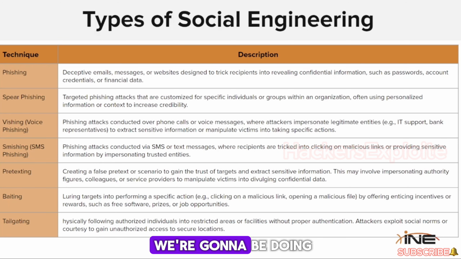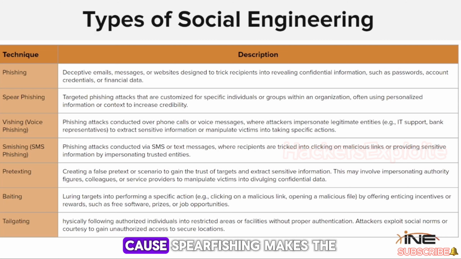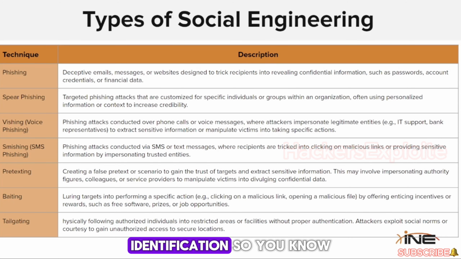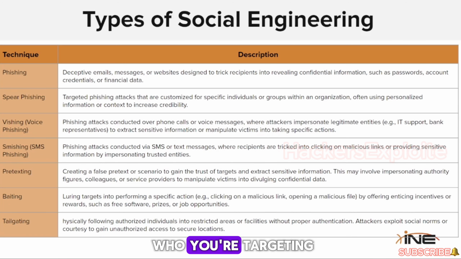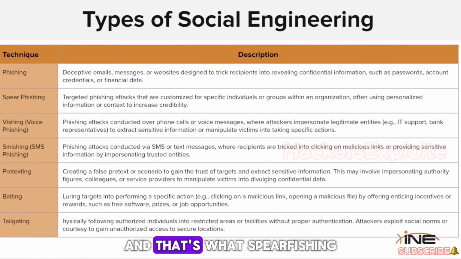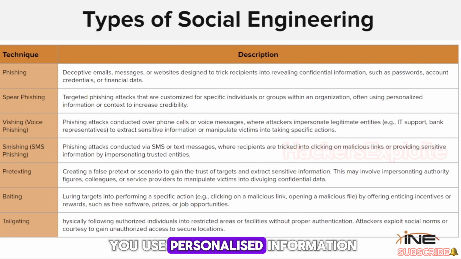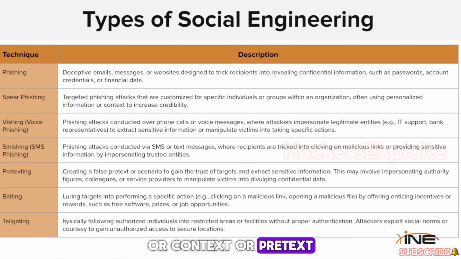And that's really what we're going to be doing, because spear phishing makes the most sense after you've performed reconnaissance and target identification. So you know who you're targeting. So the phishing attacks or campaigns are targeted, and that's what spear phishing is all about. This is where you use personalized information or context or pretext to increase the credibility of your emails or your communication.